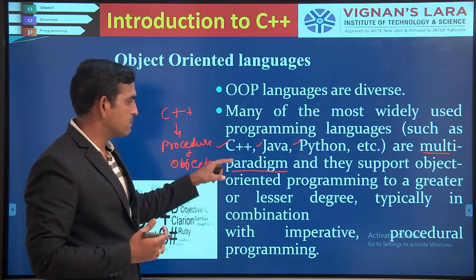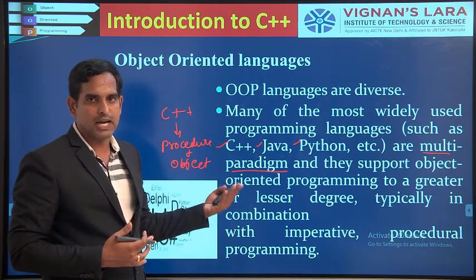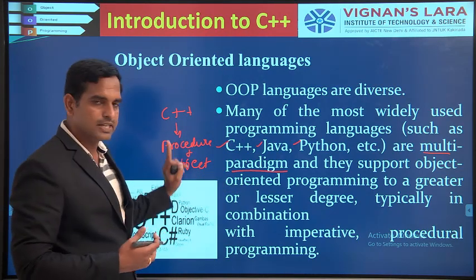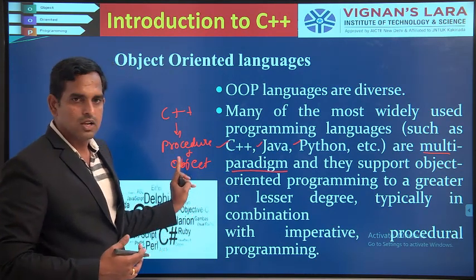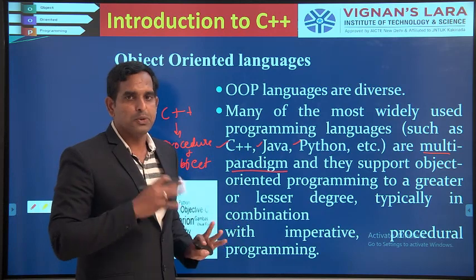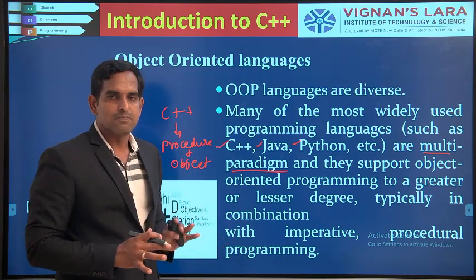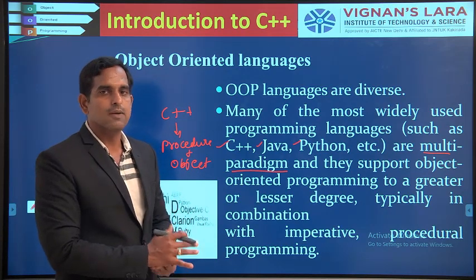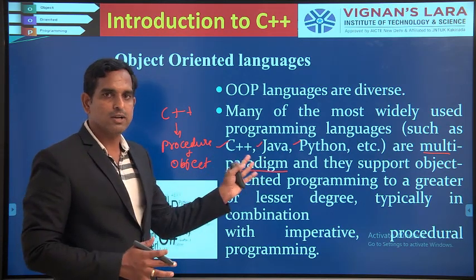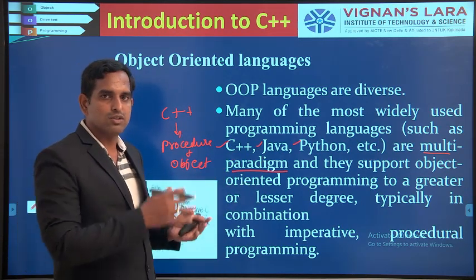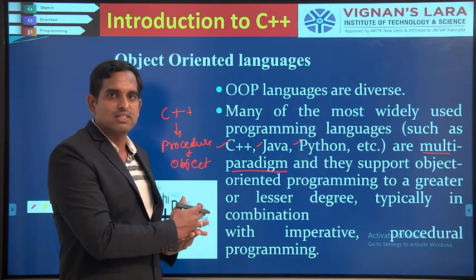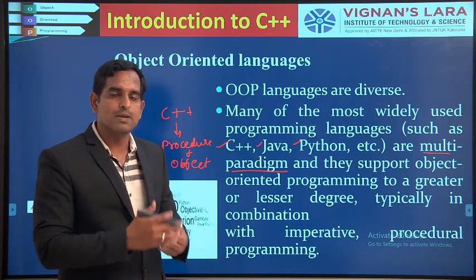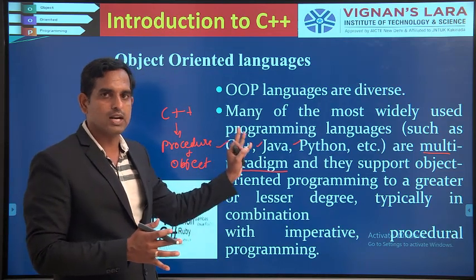That is why C++ is called a multi-paradigm language. In the same manner, Java also supports both procedure-oriented and object-oriented styles. These are not purely object-oriented languages. There are many other languages which are purely object-oriented, but these are very popular because they take the advantages of conventional programming languages and of object-oriented languages and combine them to form a strong language.